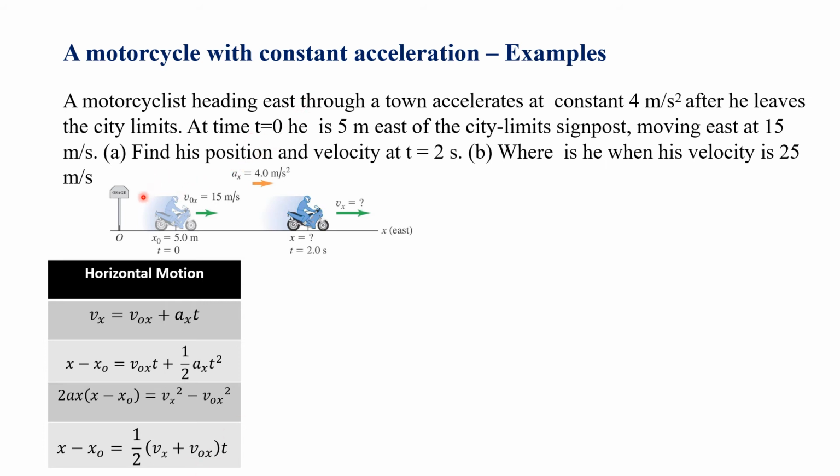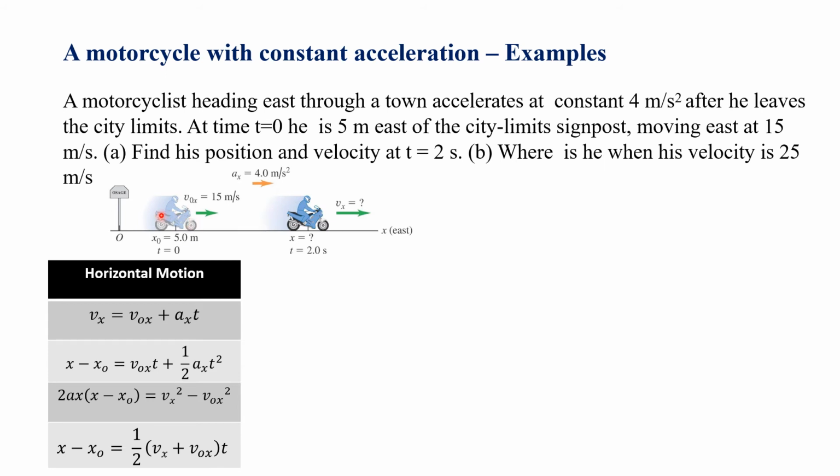After the motorcyclist leaves the city limits, which we can say as your x equals 0 or your origin, the motorcyclist accelerates at constant 4 meters per second squared. At time equals 0, he is 5 meters east of the city signpost. So at time equals 0, you can consider your x naught to be equal to 5 meters.